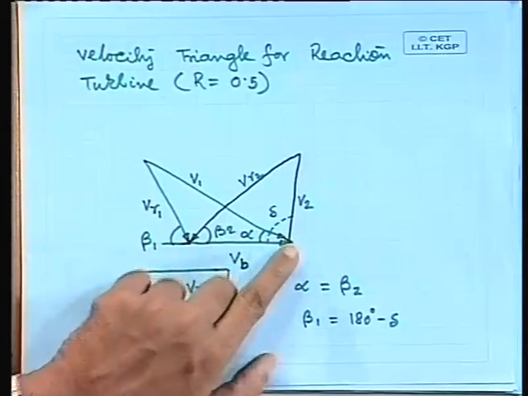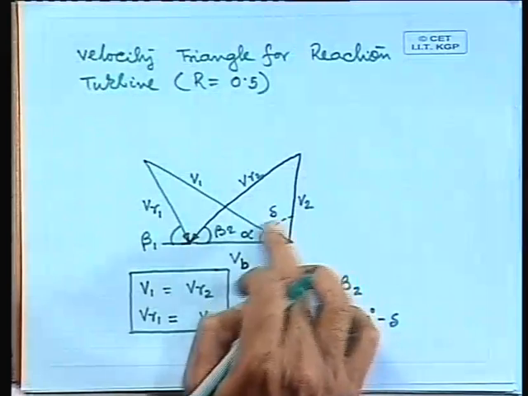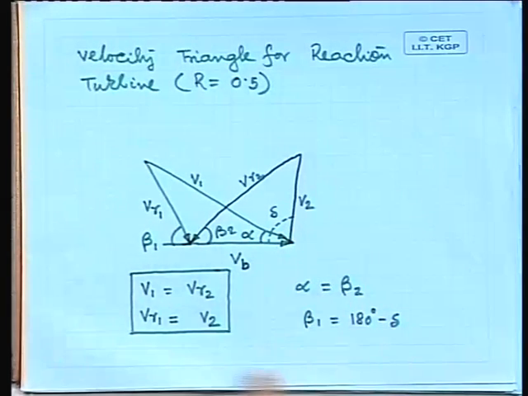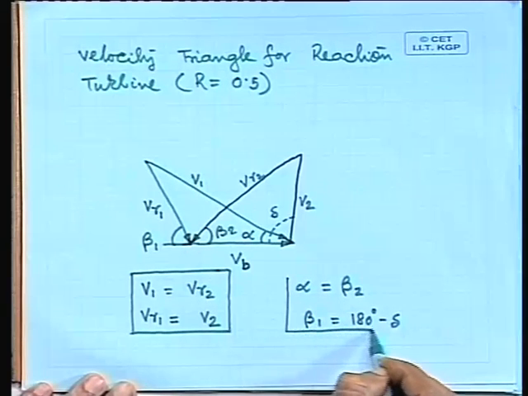Maybe my diagram is not that good, but these two angles are same. This angle and this angle are same. So, from there we will get beta 1 is equal to 180 degree minus delta. So, these are the relationship we will get for angle and the different velocity components.